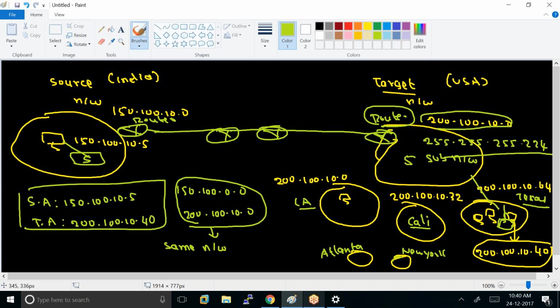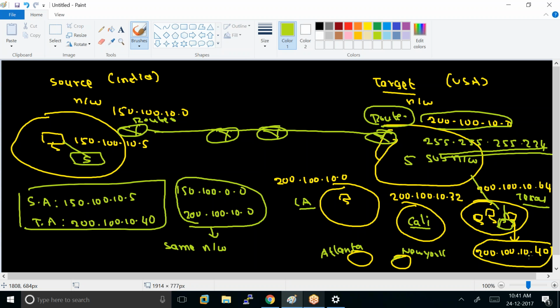Now the packet reaches here, and here we have this subnet mask, and we have the subnet address. So it will take this IP address and apply the subnet mask to find out the subnet address.